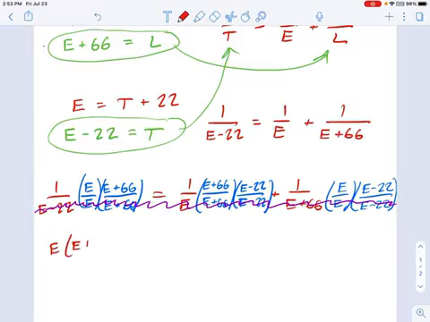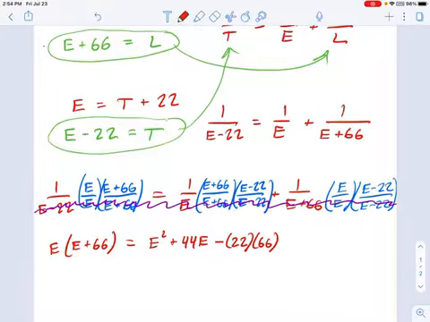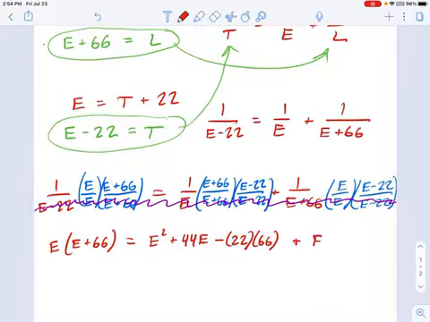E times E plus 66 equals E squared plus 44E minus, whatever 22 times 66 is. I'm not going to do that in my head right now. And then plus E minus, that's an E squared, E squared minus 22E.